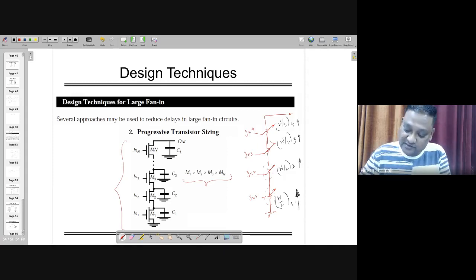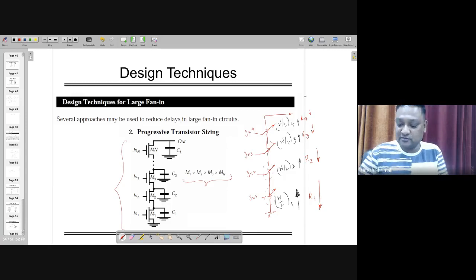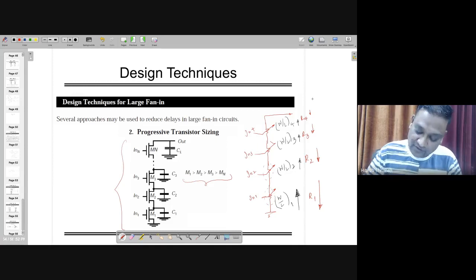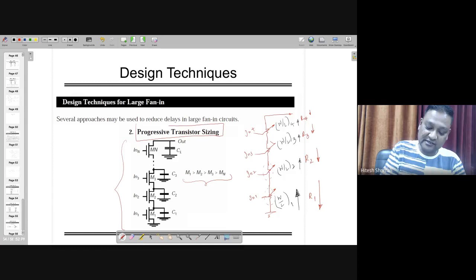Then this is having the smallest resistance, means R1 is smallest, R2 is a little larger than that, R3 is larger, and R4 is the largest one, right? So that is how you can go further and design it. This is what progressive transistor sizing is about, where you have the large fan-in possibility.